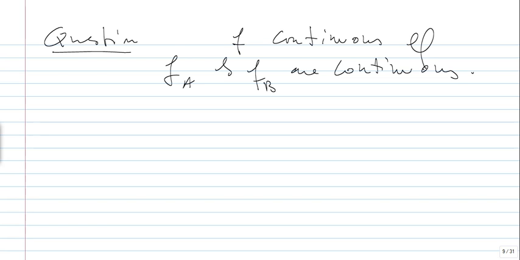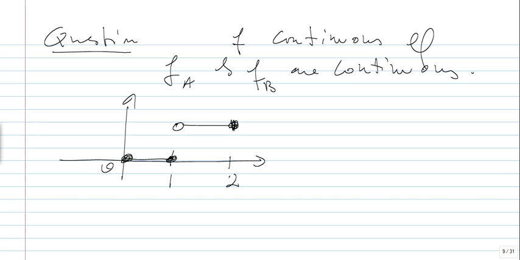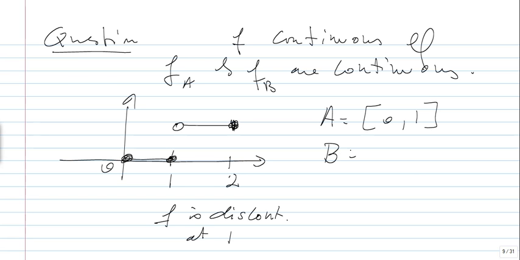For example, you go from 0 to 1, okay? And from 1 to 2, so you see this function f is discontinuous at 1. But if you take the restriction to 0, 1, and 1, 2, but we take A equals 0, 1, but for B, you have to remove 1.